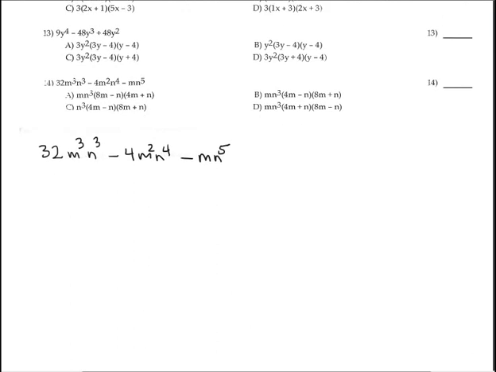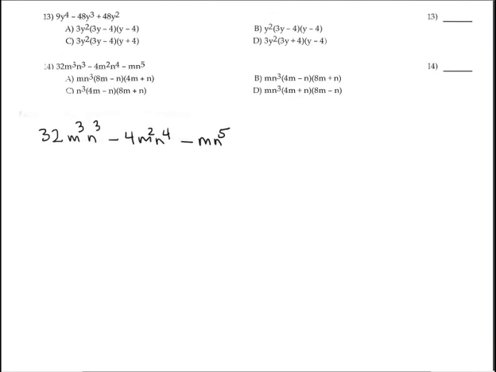Okay, 14 again as a trinomial. But first of all, what is the common factor? What is the greatest common factor in this case? In the numerical part, no. But in the variable part, yes, it is m n to the third power. Always the smallest power.